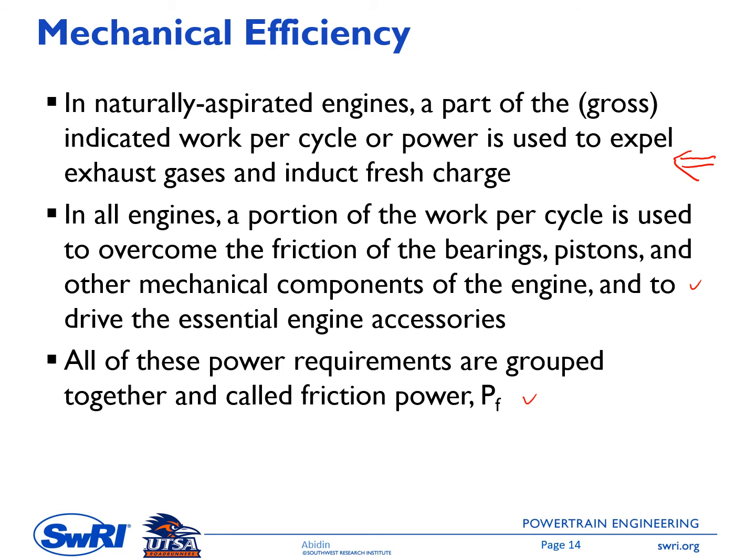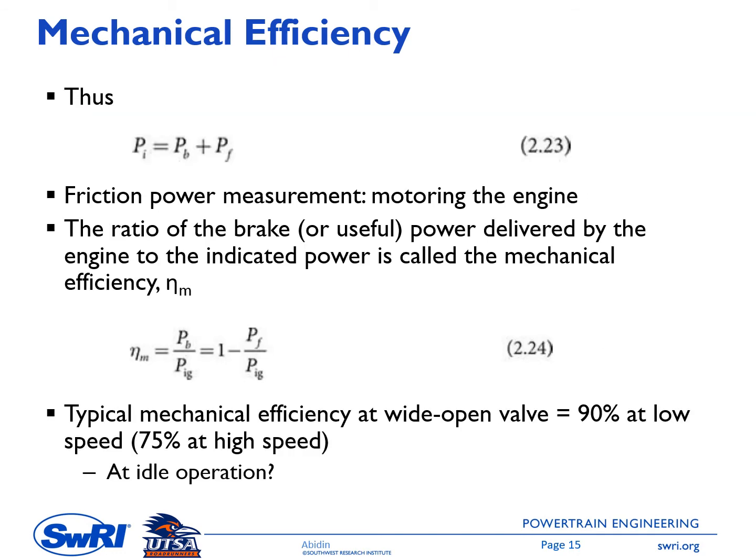Once again, in real application, usually we don't include the pumping work into the friction work, but to avoid confusion with the book, in this class let's put the pumping work into the friction power as well. So this friction power is the sum of the pumping work, which is negative for a naturally aspirated engine, plus the work to overcome the friction of the bearing, piston, valve train, and so on, plus the work to drive the essential engine accessories, so fuel pump, fan, and so on. Then we have equation 2.23.